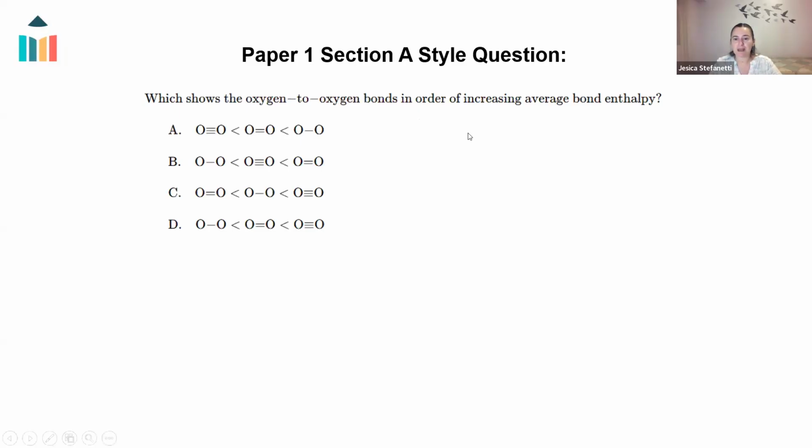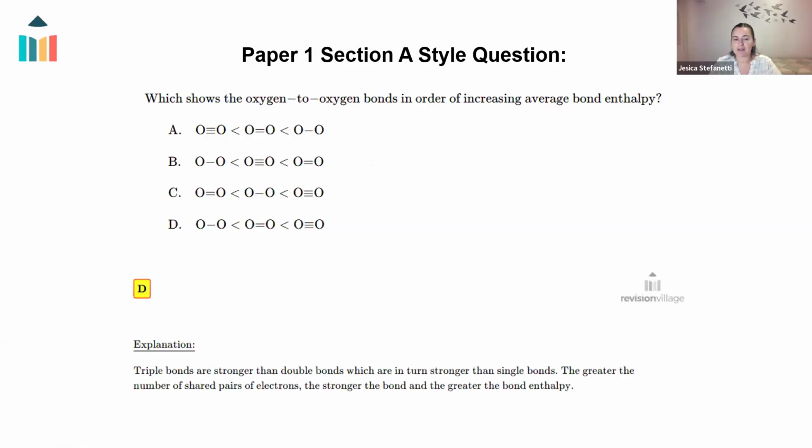So we should expect the average bond enthalpy to be greater for the triple bond and smaller for the single. So out of the options we have here, the third one is the correct one, because there we have the single bond as the weakest, meaning the lower average bond enthalpy, less energy will be required to break that one, then the double one, and then the triple bond there.